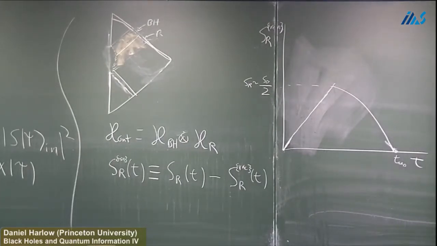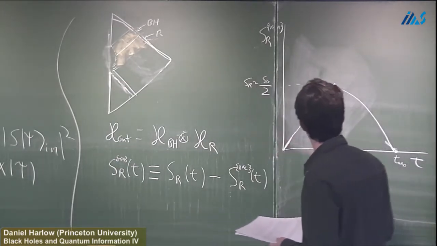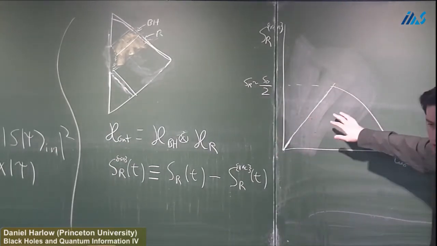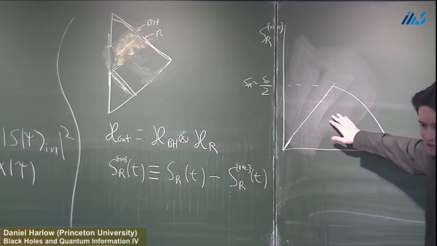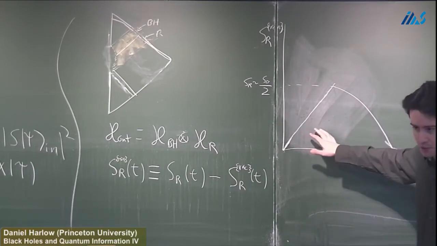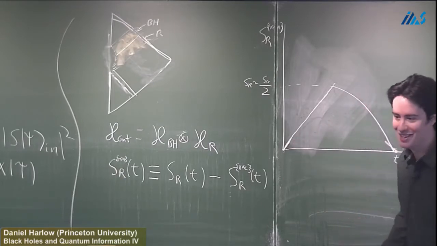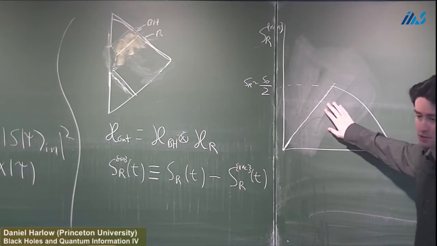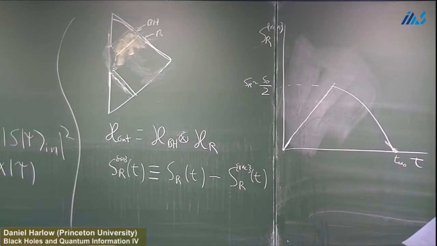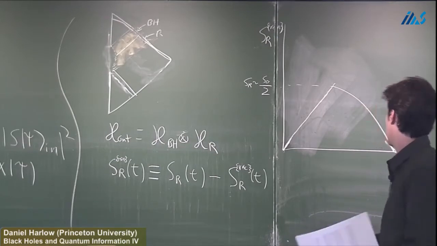In between the beginning and the end, can I draw a different curve? It is possible, right? So this is something you compute. Like Andy says, if you have a theory, you can compute this. But at the moment, I don't have a theory. I'm just drawing pictures. I'm going to try and argue that this is the right picture now. But you have to compute it.